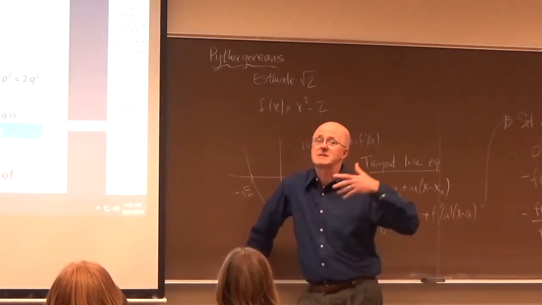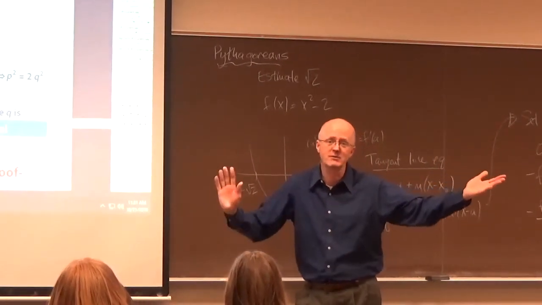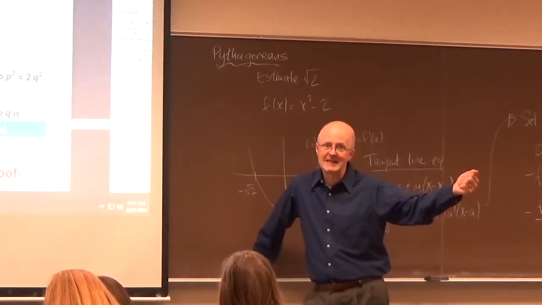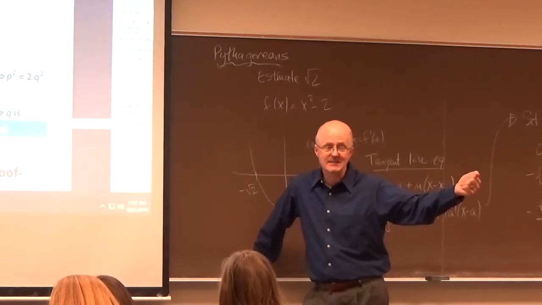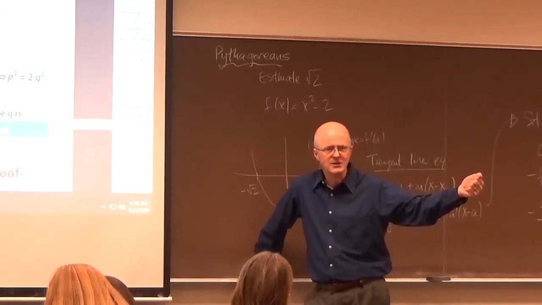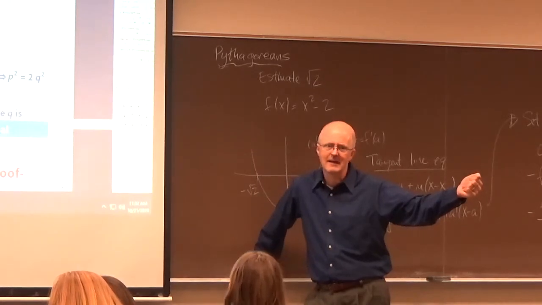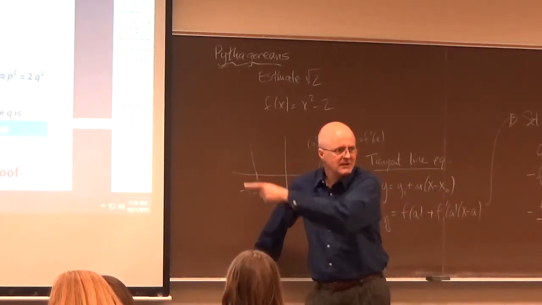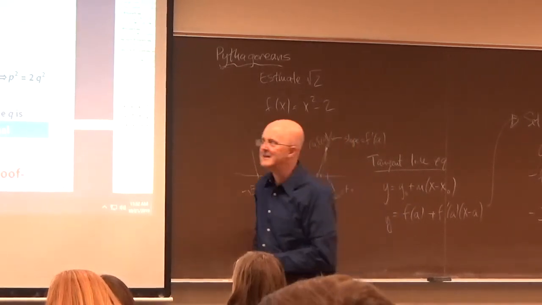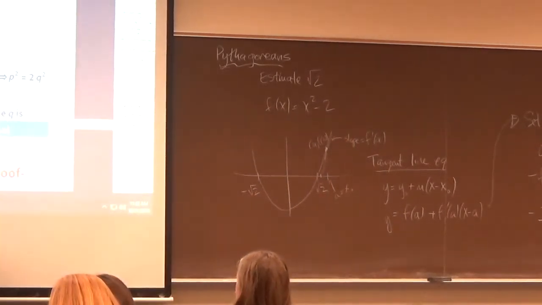The story is that he was thrown overboard. Okay, nobody knows for sure if that's true. But it's a story emphasizing how amazing this was to them. That there were numbers that were not fractions, ratios of whole numbers. They didn't know about irrational numbers before something like this happened. So if it does exist, it's not rational.